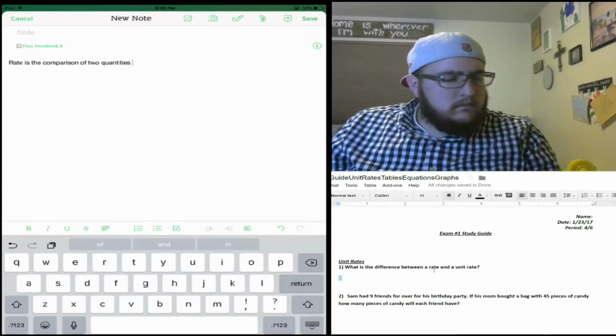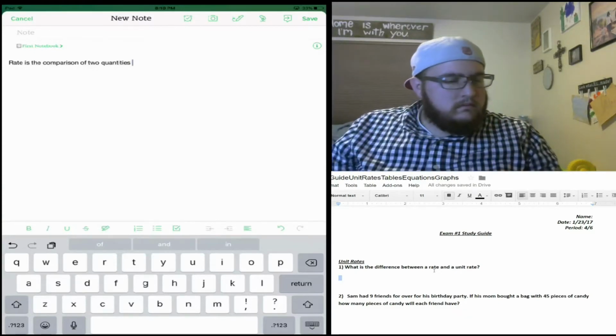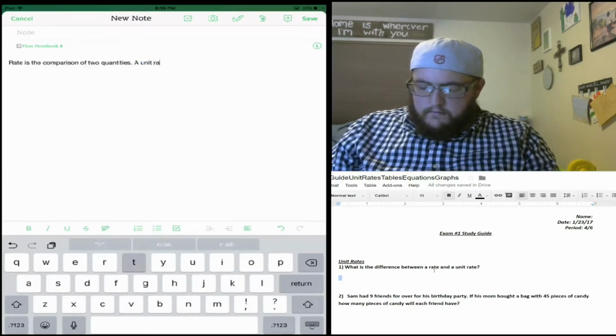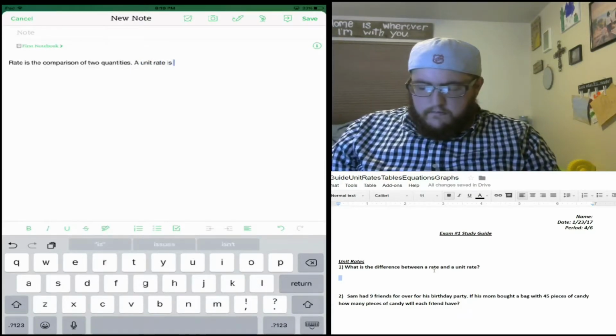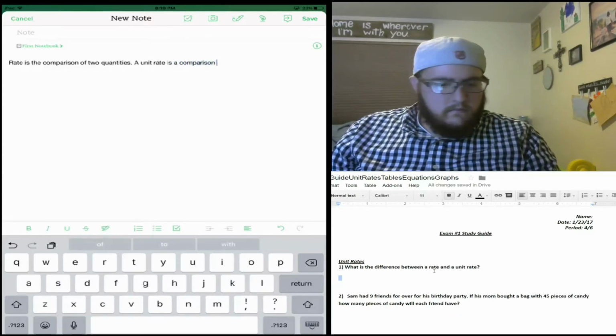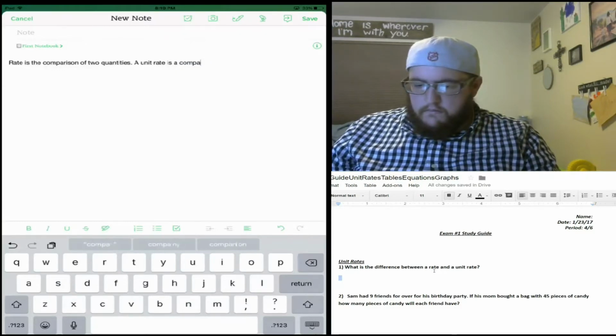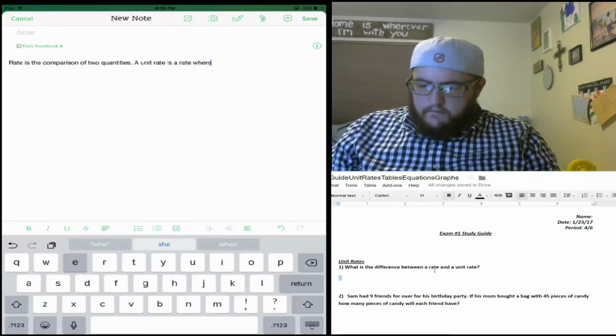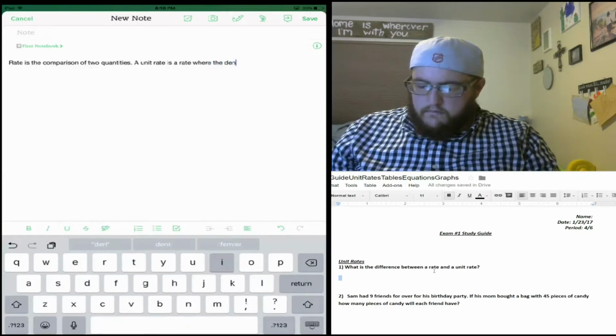And remember, quantities just means two numbers or values. So an example of an answer might be, a rate is the comparison of two quantities.